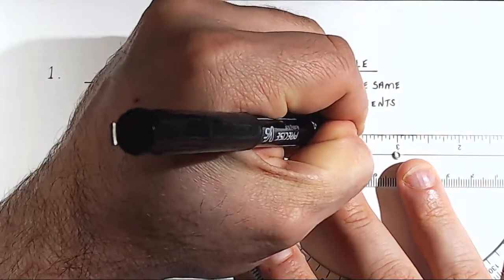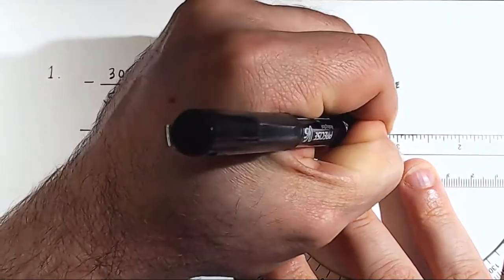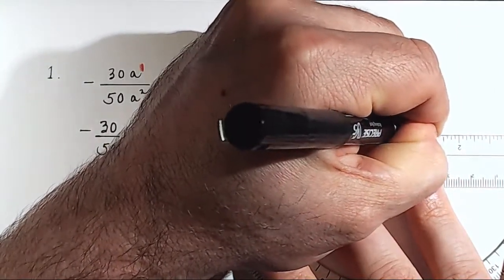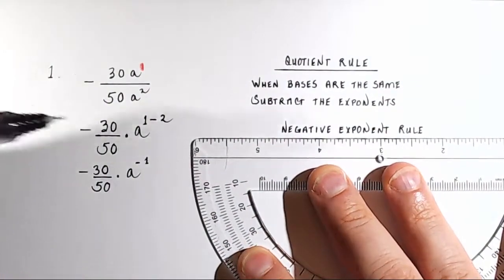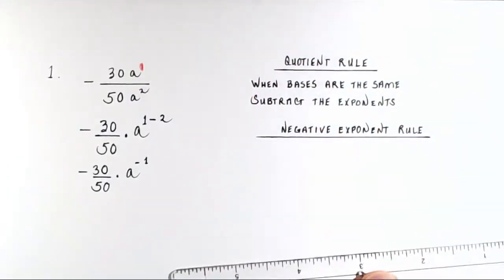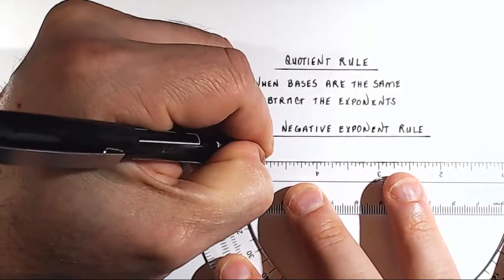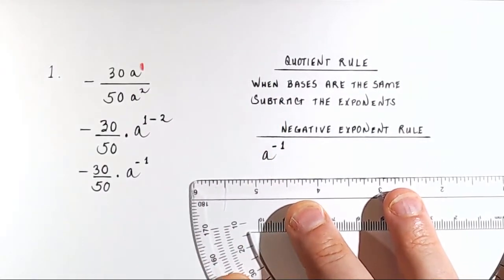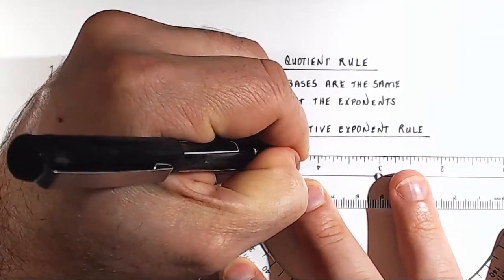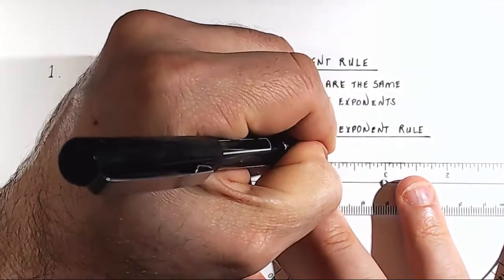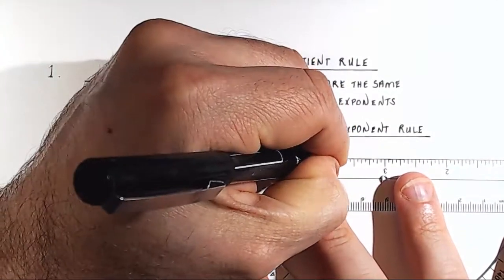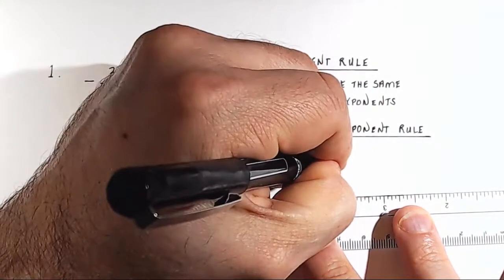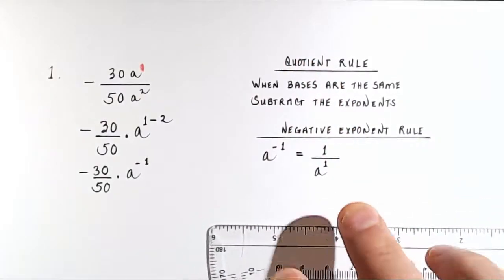Here is the negative exponent rule. Okay, didn't quite get that centered. Whatever. Here's the negative exponent rule. When you have a negative exponent, like negative 1, it can be rewritten as 1 over the letter raised to the same exponent but positive.